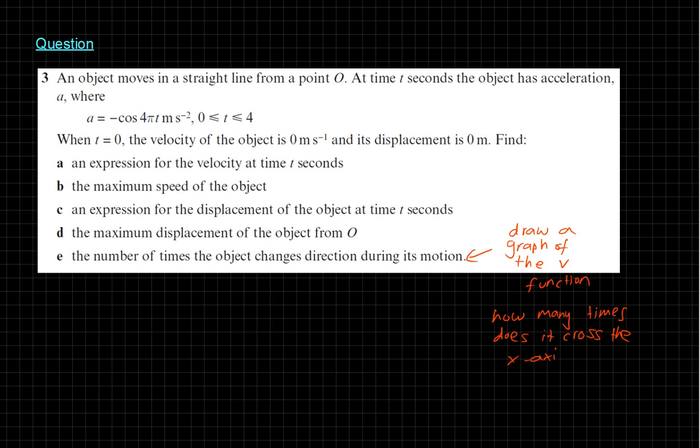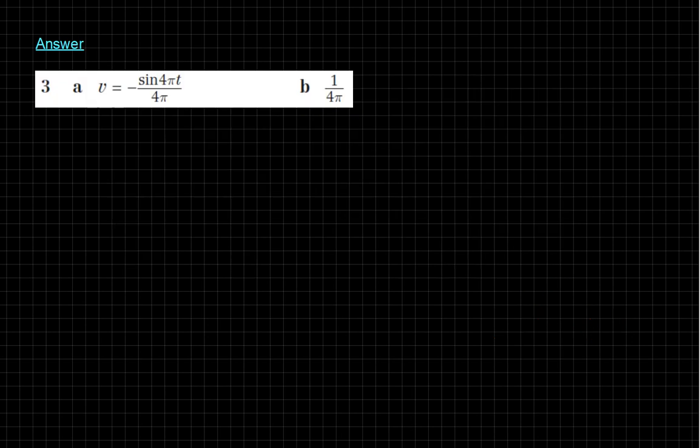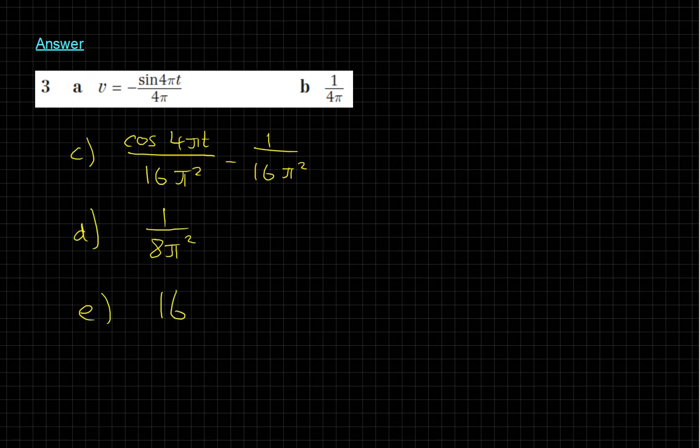So we're problem solving here. Going from positive to negative, that's the same thing as crossing the x-axis. How many times does it do that? Okay, have a go at that question. You can pause the video now. And there is your answer. Oh, I think I've missed off a few there. Hang on. Okay, there's your full set of answers. Yeah, A, B, C, D, and E.